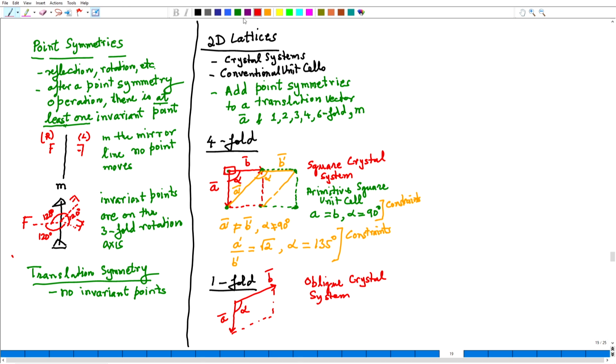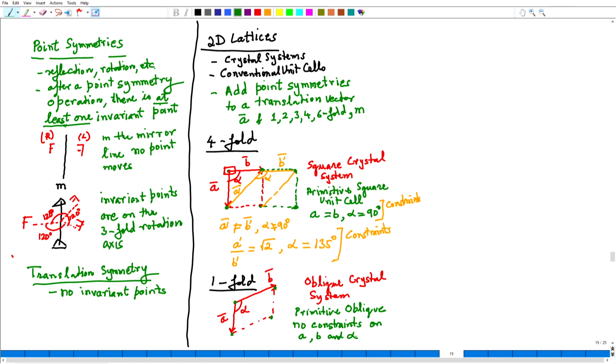And once I put lattice points at these corners, I will get a primitive oblique lattice. I should write no constraints on A, B and the angle alpha.